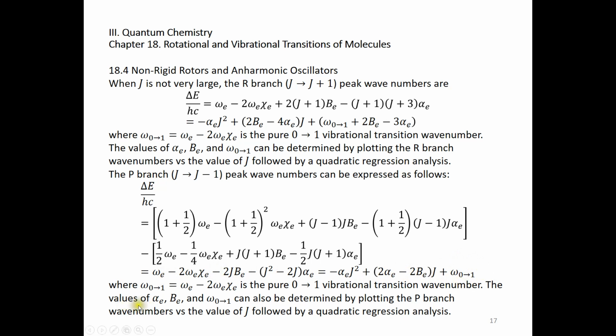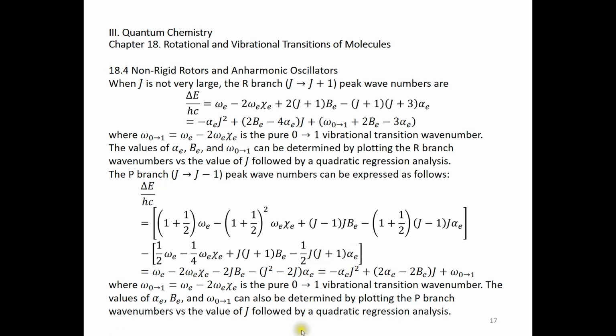So the values of alpha e over here, Be over here, and omega 0 to 1 can be determined if you plot the P branch data, that means P branch wave numbers over here, versus the value of J, and you need to do a quadratic regression analysis. When you do a quadratic regression analysis, you'll get something like ax squared plus bx plus c.